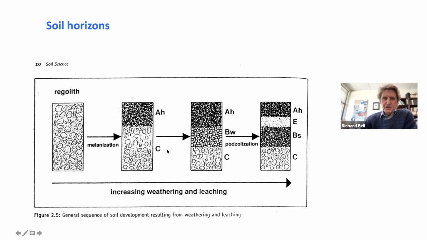And pedologists have a way of describing or naming those horizons. I think for most land managers and the type of work that I do, and probably most of you do, we don't really need to know all of the naming conventions for those layers.